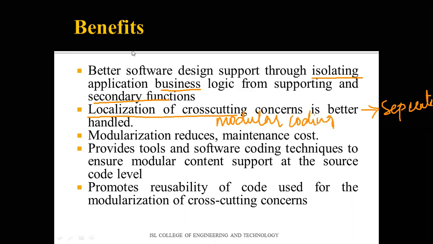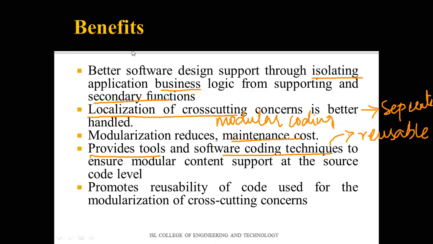Now modularization reduces maintenance cost because whichever aspect requires the maintenance, you can directly go in there and make changes within that particular aspect. It provides tools and software coding techniques. As I told you, one of the software coding techniques is that you can make use of reusable code to ensure this modular component supports at the source code level.